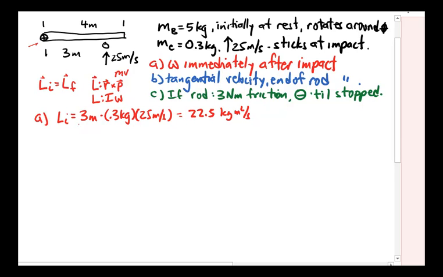I could have also figured that out using the other formula, where I say I times omega initial. Our I, in this case, would be mass times the radius squared. We're going to assume that this blob of clay is small enough that it's considered a point mass.